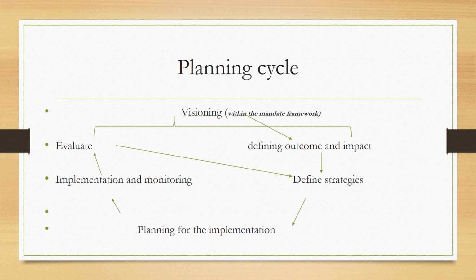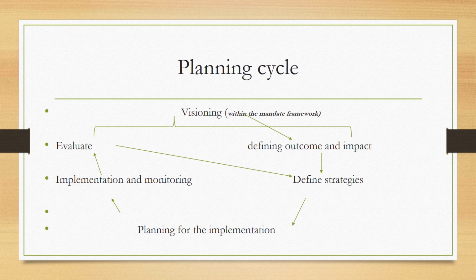So in short, and concluding, and this will conclude also the previous video, you have to have a vision that is informed by the purpose of your existence. Why do we exist? If we implement the purpose of our existence, what change do we want to see or do we expect to see? That would be your vision. And then if this is the purpose of our existence, what results should we see to know that we are effectively implementing the purpose of our existence, and that will be seen in your outcome and impact that you have defined.